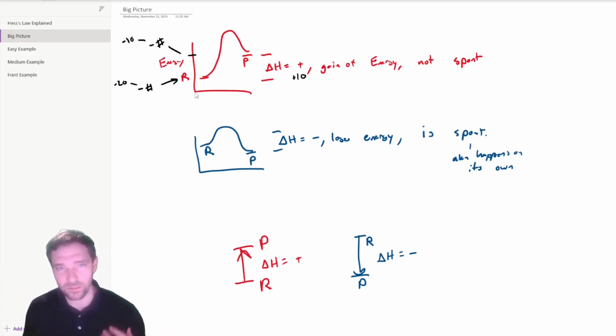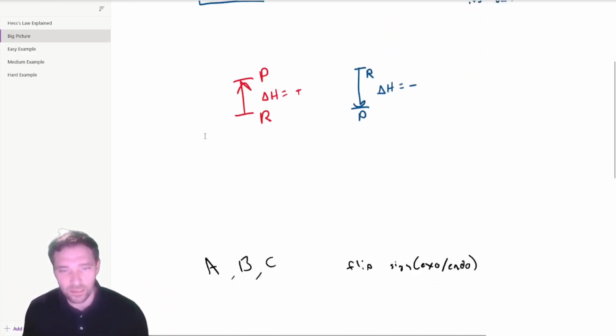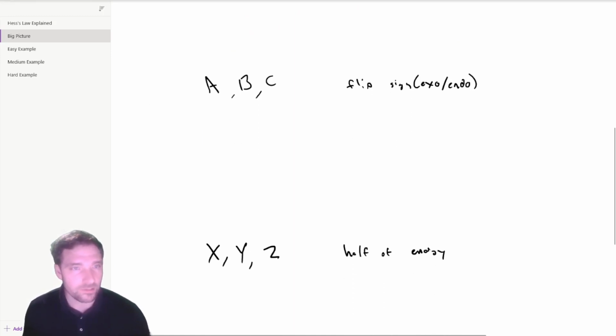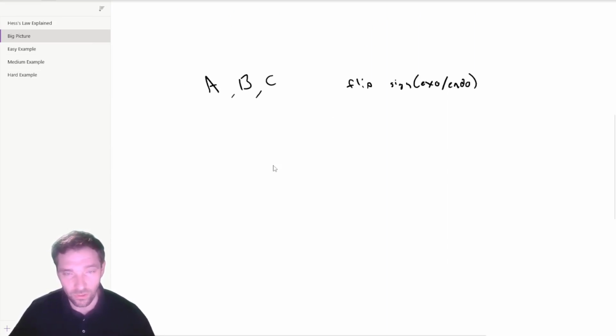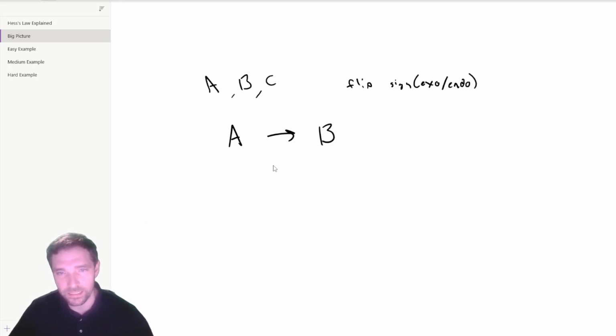Then what we're going to do is consider if you've got these different reactions and how their changes in H relate to a new third reaction. If I have A going and forming some product B, this is the first reaction, we could have a change in H value there.